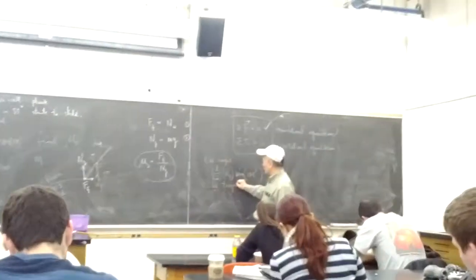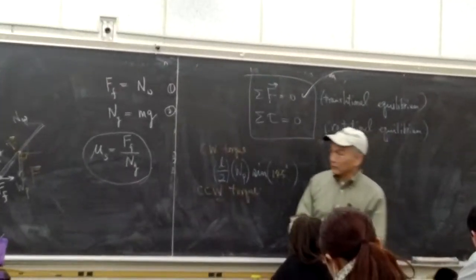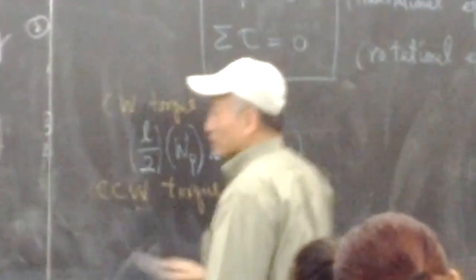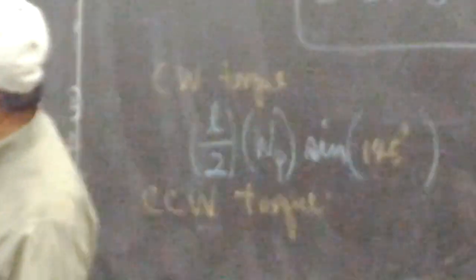And for the counterclockwise torque, the counterclockwise torque is from the normal force at the wall. So the R goes all the way to here, and the force is that one. Right? Force is the normal force. In this case, it's going to be that angle, right?